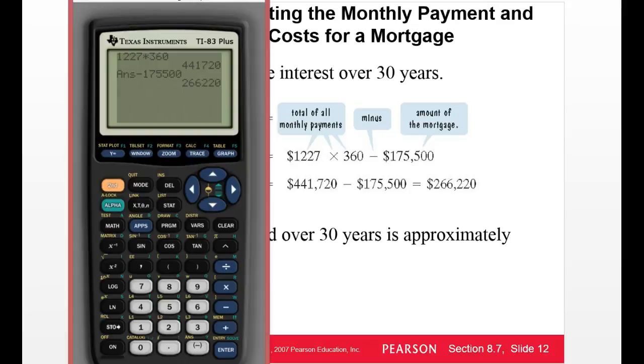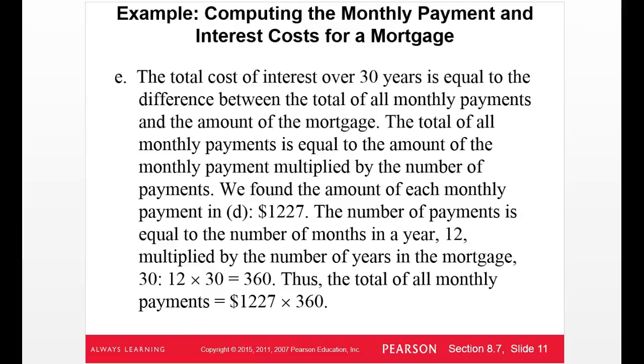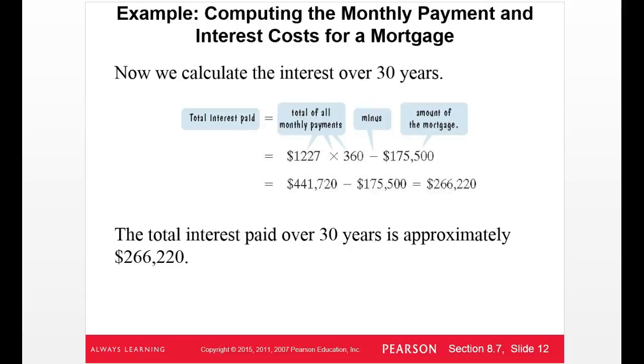So roughly $266,220 in interest is going to be paid back on this thing. I have to multiply that 12 by 30 to get 360 payments that we're going to make, that $1,227 every single time. Then subtract that amount minus the amount of the actual mortgage, the 175.5, minus the down payment.